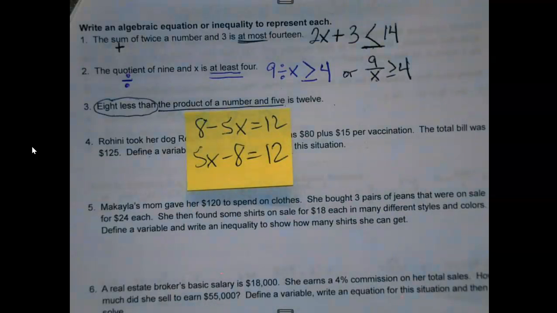I'm going to give you 2 options when we come back and see which one you think is the better choice.